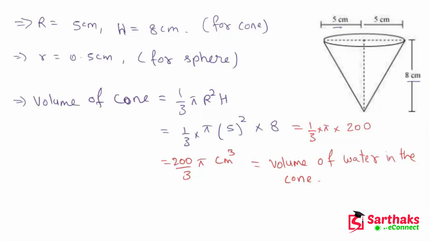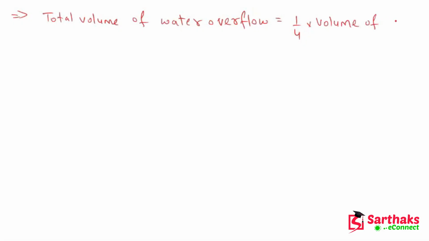Now the total volume of water overflow is 1/4 into the volume of water in the cone, which is equal to 1/4 into 200/3 into pi.